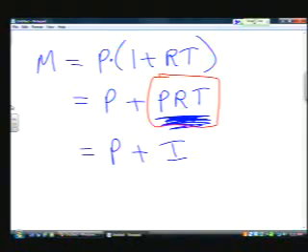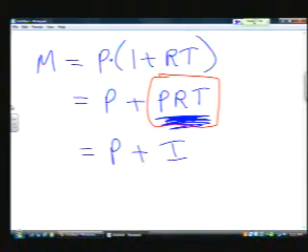This is where I do not want you to memorize formulas. I want you to understand formulas, because of this maturity value on a promissory note.